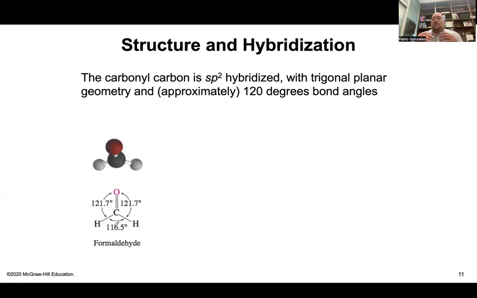This one is going to be a little bit lower, 116. This is going to be larger. And why do you think that is? Why do you think that here we're going to have an angle a little bit bigger than in here?